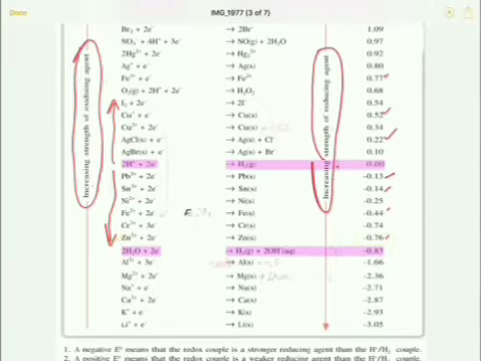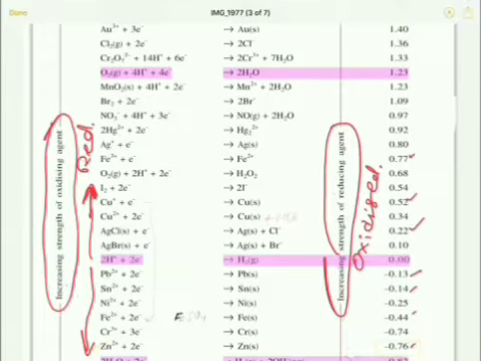So these are the two main points to remember here, that above the hydrogen there are the strong oxidizing agents which have the tendency to promote the process of reduction, whereas as we move downward there are the metals which have only the tendency to get oxidized.